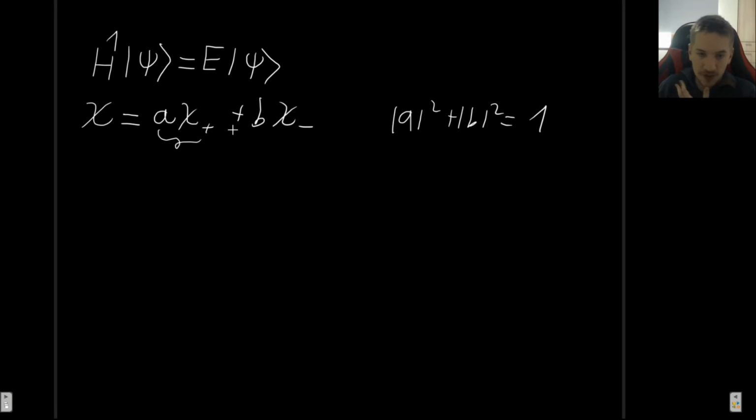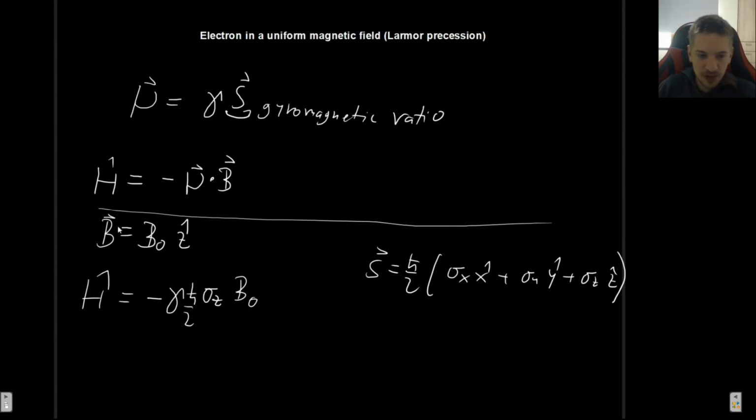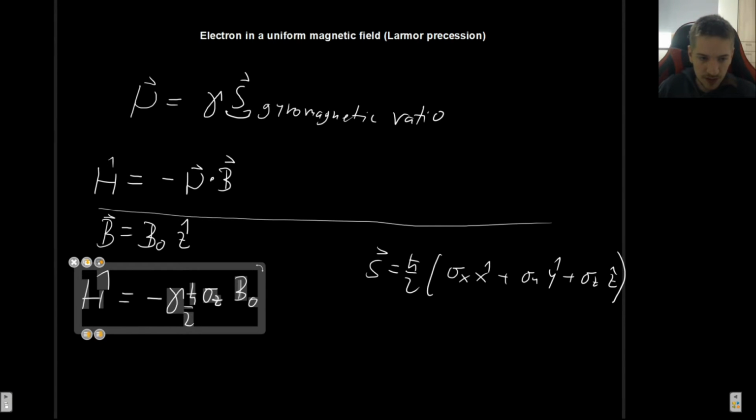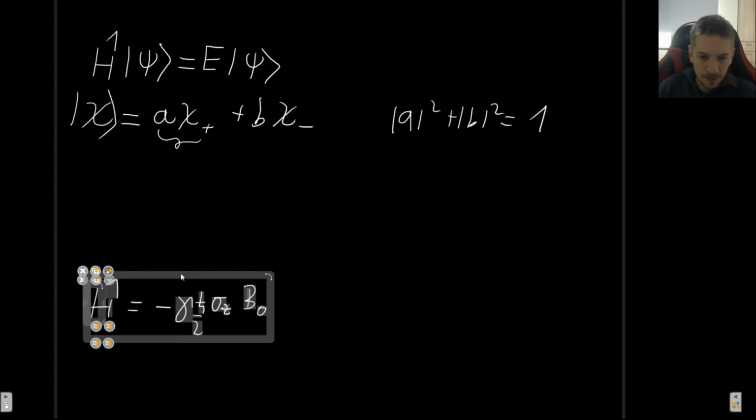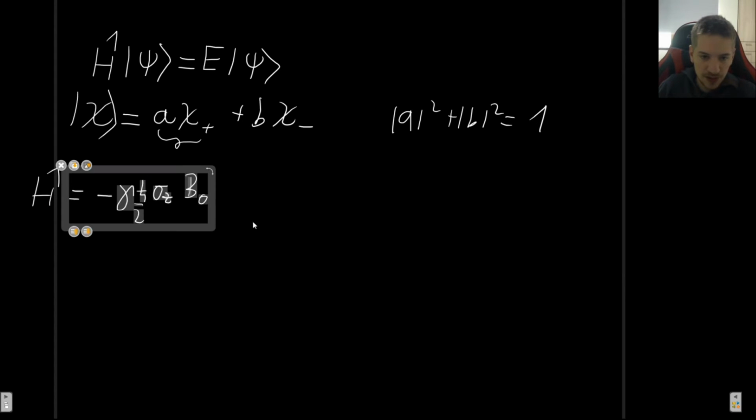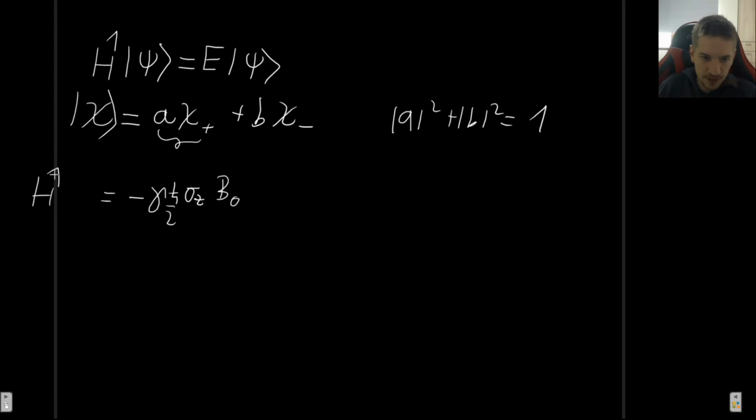There is no other possibility. And this of course you can write in ket notation. So let's now let the Hamiltonian act on this. What exactly was the Hamiltonian? It was this right here. So the Hamiltonian is now going to act on this state.